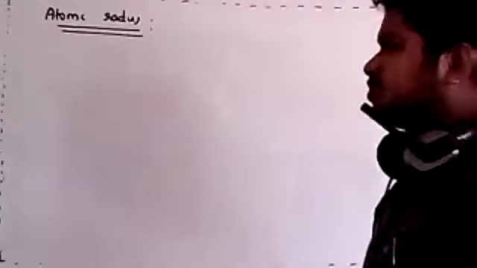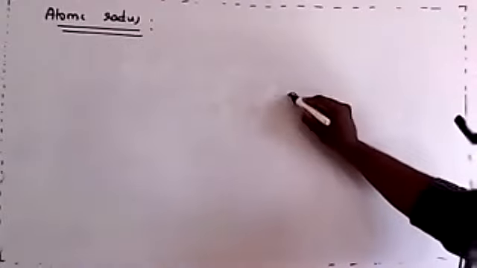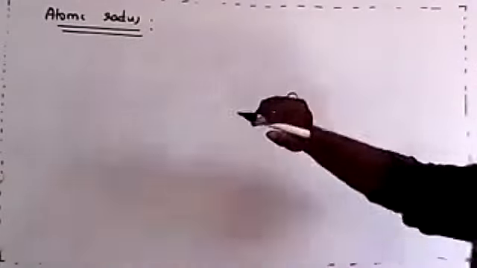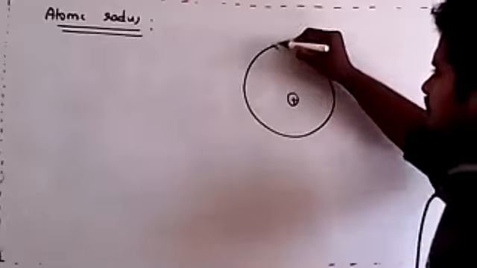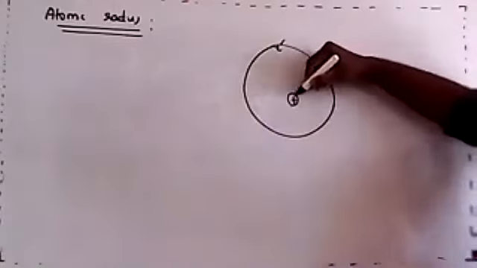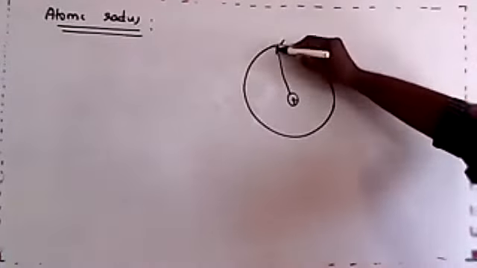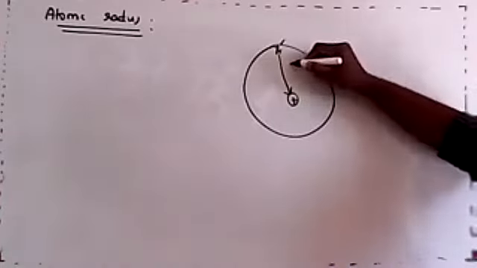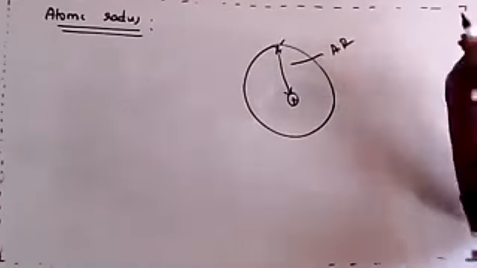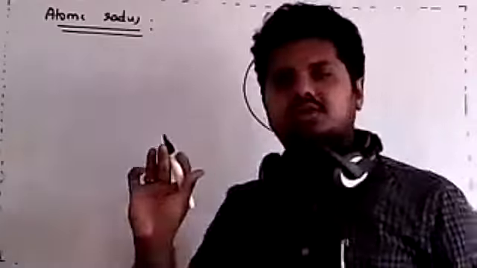Let me draw the atom. This is the atom and this is that electron. The distance between the nucleus and the outermost electron I should consider as the atomic radius.